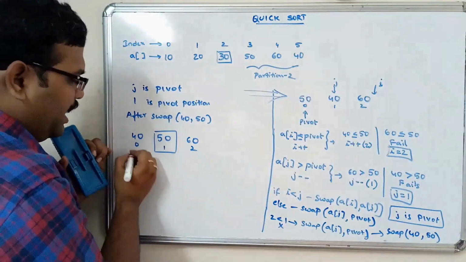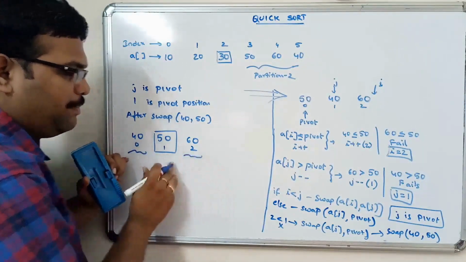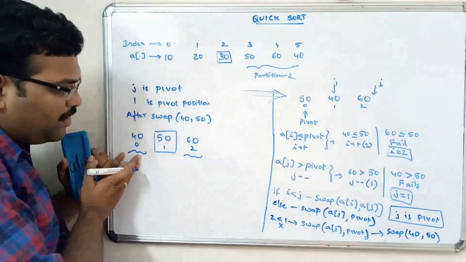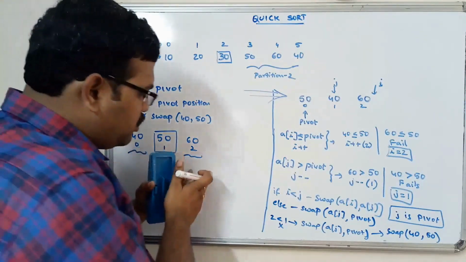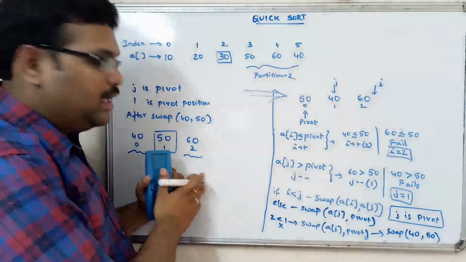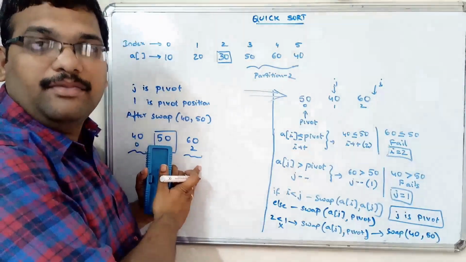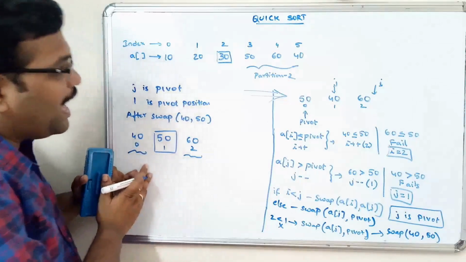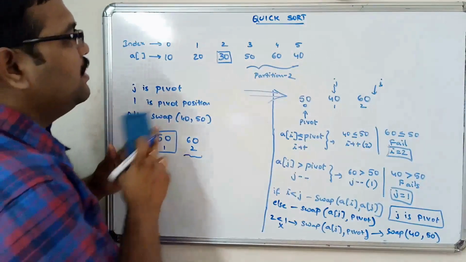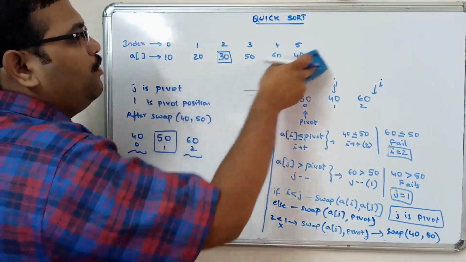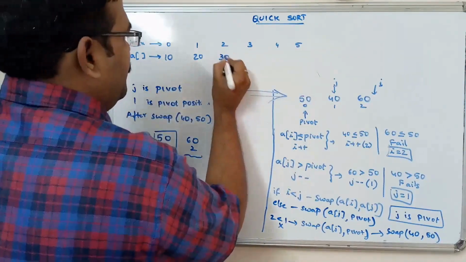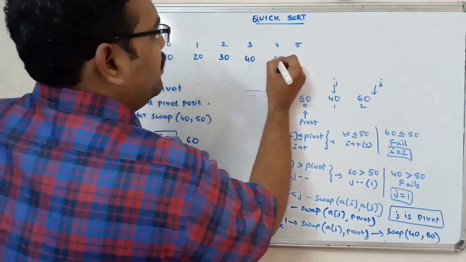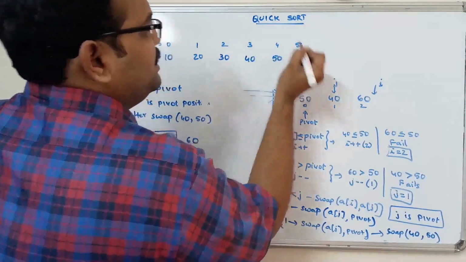So this is one partition, this is another partition. Here the partition has only one value, so we need not apply the sorting technique. And here also the partition has only one value, so here also we need not apply the sorting technique. So finally, after completion of all these things, we have 40, 50 and 60.